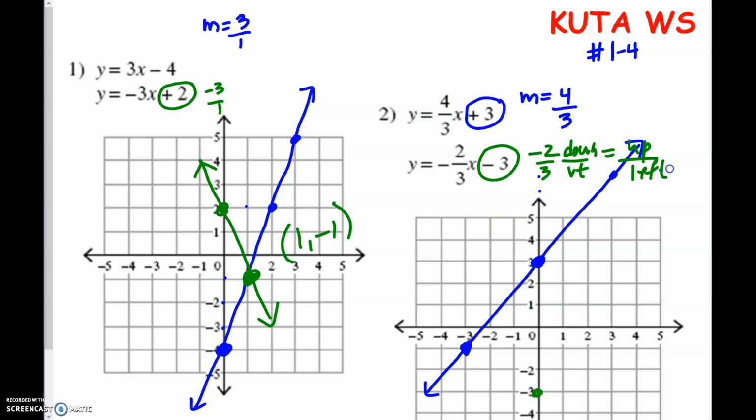That's why we always need to be able to go both directions. So up 2 and left 3. Oh, and it goes right on top of that. The green and blue lines are meeting at the ordered pair -3, -1. So the solution to number 2 is -3, -1.